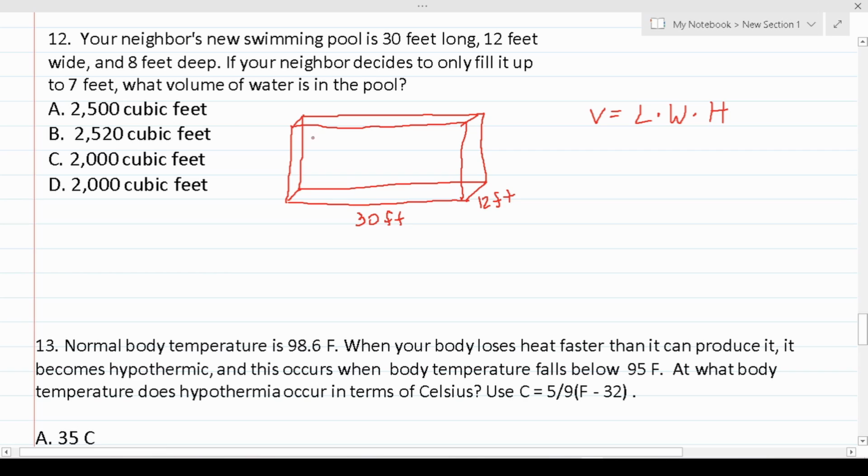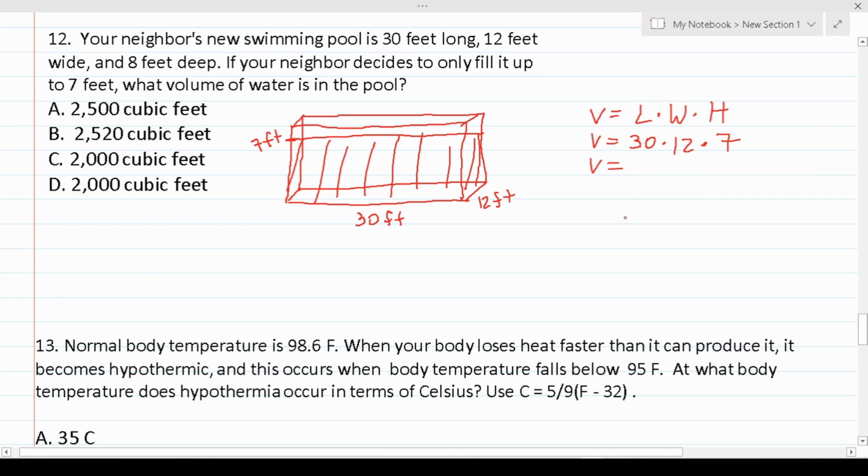And although the height of the pool is 8 feet, we're only filling it up with 7 feet of water. So it's just going to be filled up to about that line right there. So to find the volume of water in this pool, we're just going to take these three things and multiply them together, notably 30 by 12 by 7.